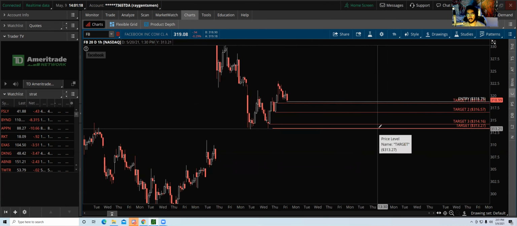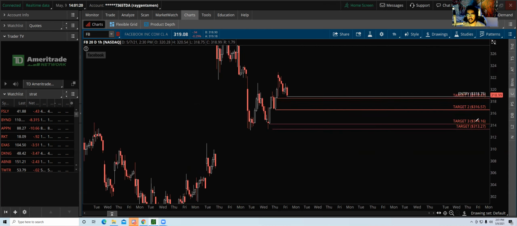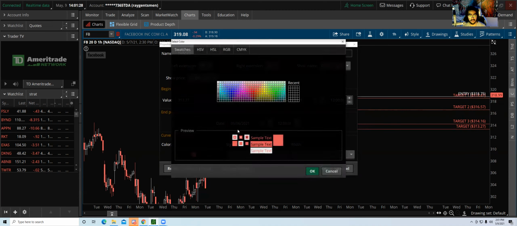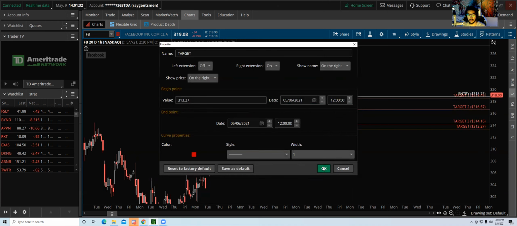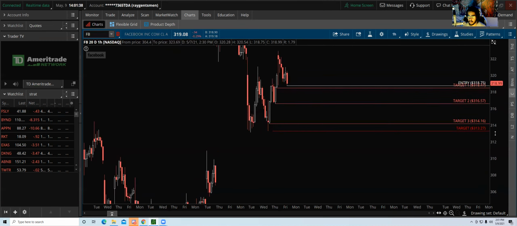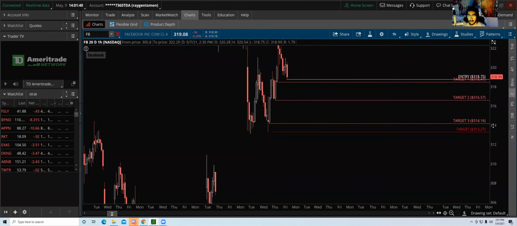The reason I would have picked a brighter color is because I know this last one is the main target, you know what I'm saying? So I could just go in here and make it darker. Make that one like that. Boom. Dark red, because I know that's the final target. I could just change it to target 4, but that's the main one.